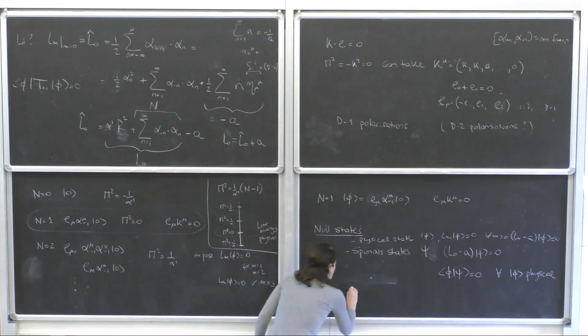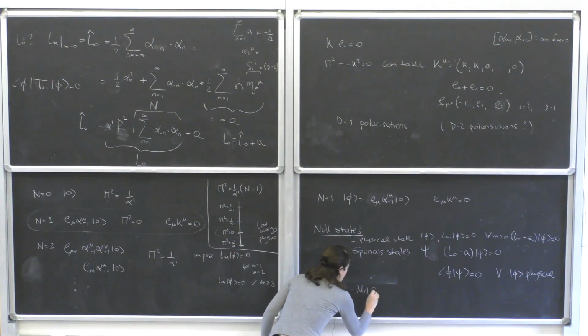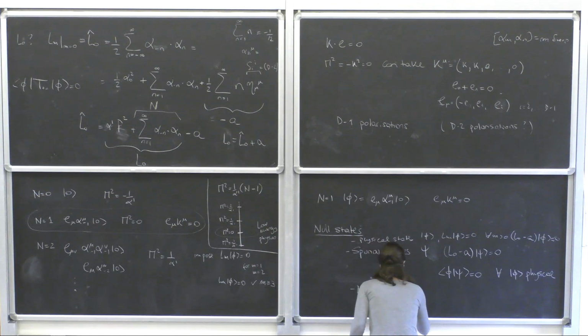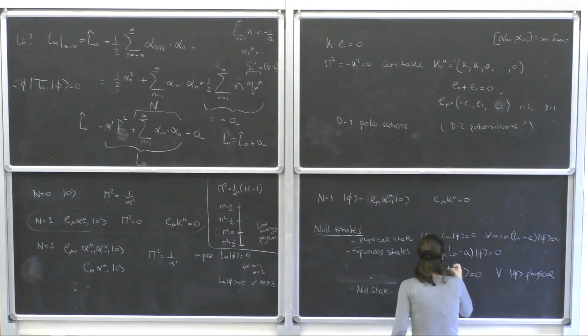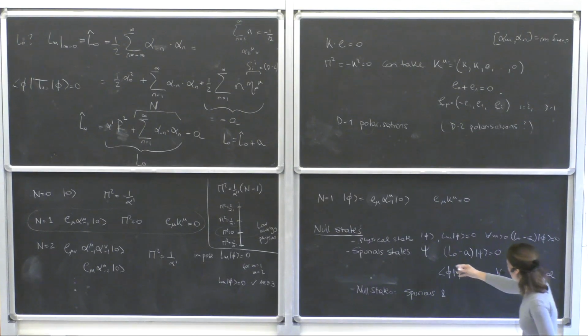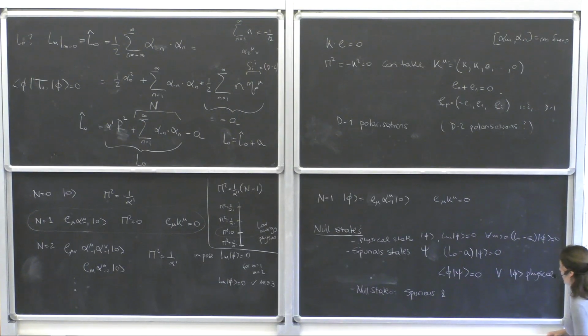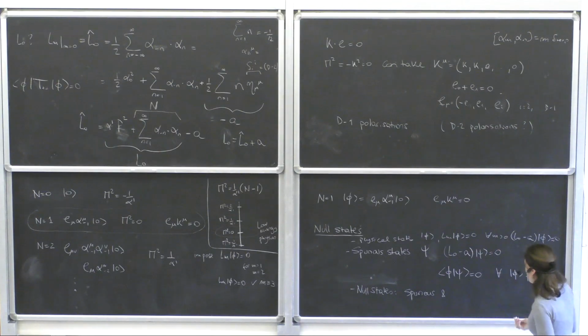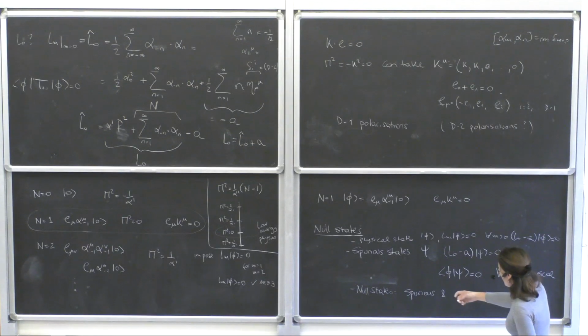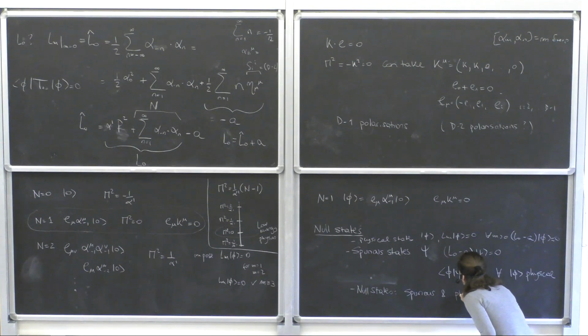And now the null states are the states that are spurious and physical. They are spurious because if you do any scattering process, you don't see them, since they are orthogonal to any physical state, and in a scattering process you create physical states.